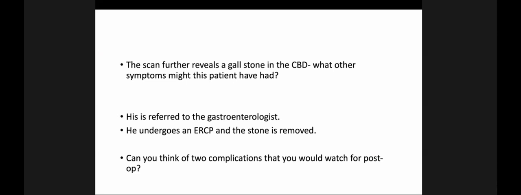And does it radiate to any other part of your body? Where does it radiate to and why? In a biliary colic, the pain usually can radiate across the upper abdomen.